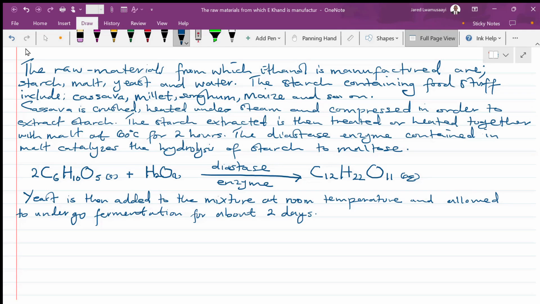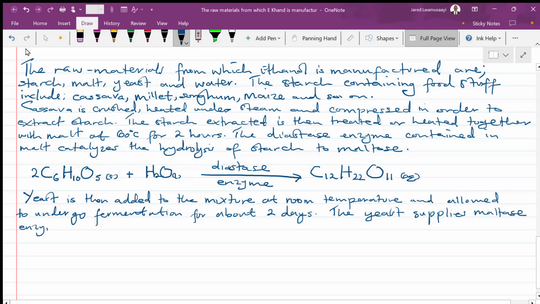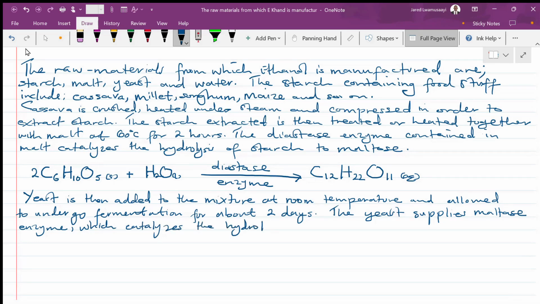The yeast supplies maltase enzyme, which catalyzes the hydrolysis of maltose to glucose.